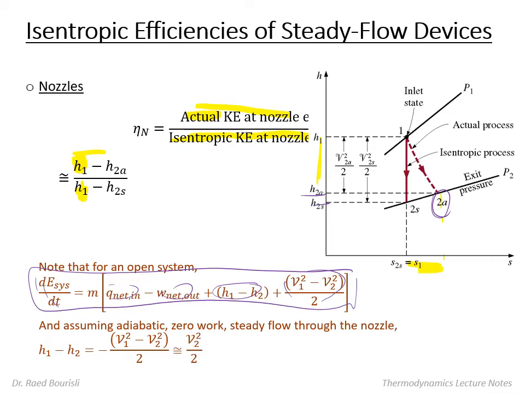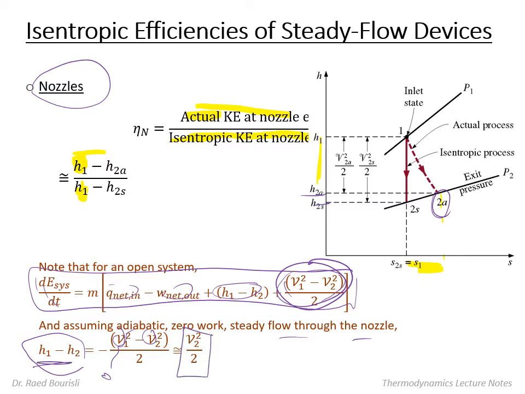Assuming adiabatic, zero work, steady flow through the nozzle, so still talking about the nozzle, then this difference in enthalpy is the difference in kinetic energy. And this is a smaller number than this, and if you square them, this will be almost zero. So this will be just the difference in the kinetic energy at the exit, V2 squared over 2. Okay, this is for nozzles.